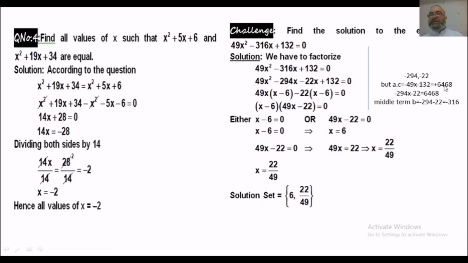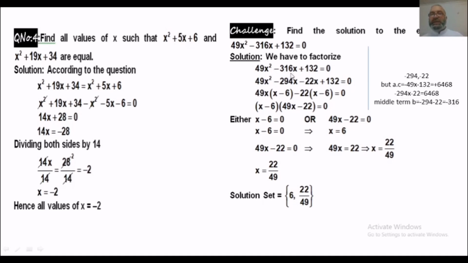So ac is 6468, and if we make two factors, minus 294 and minus 22, then multiplying minus 294 and minus 22, we get 6468. And if we add these two terms, minus 294 minus 22 becomes minus 316, which is the middle term, b.